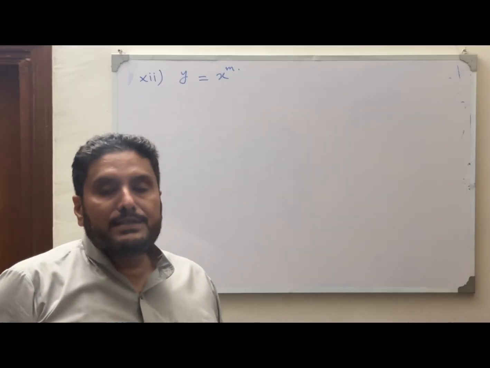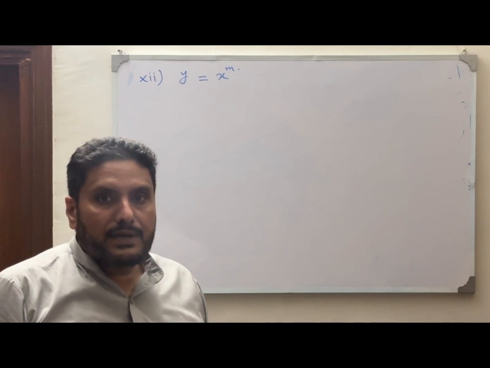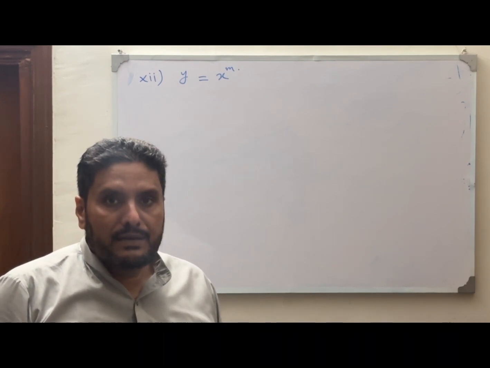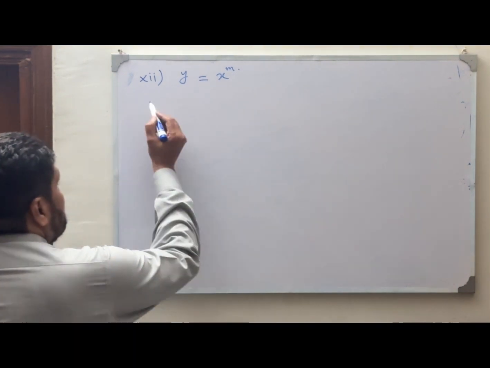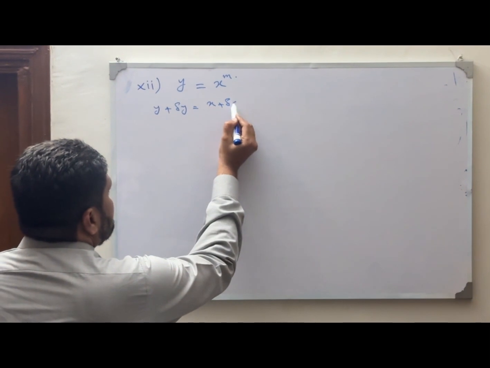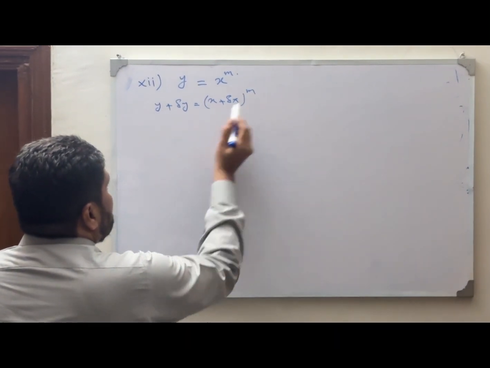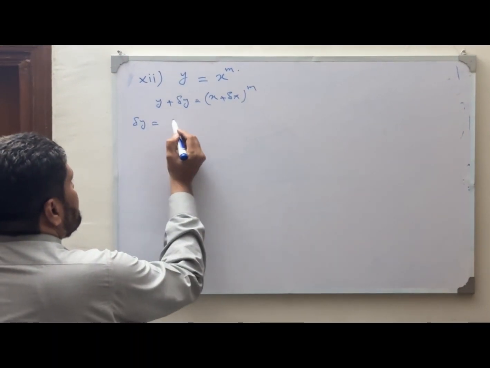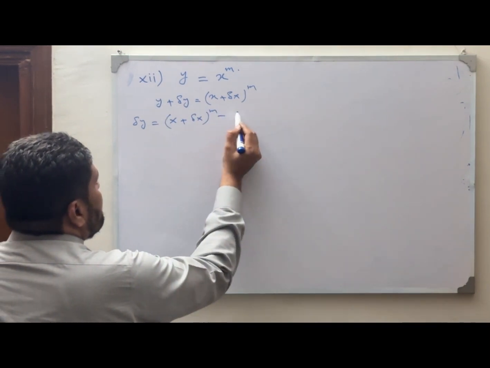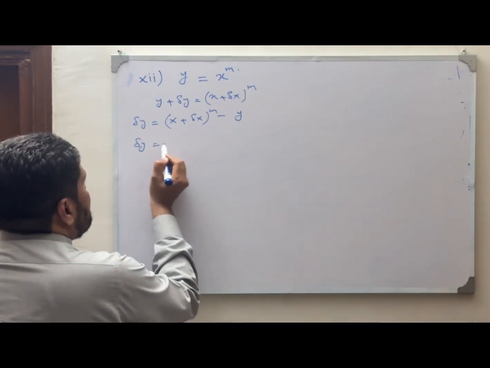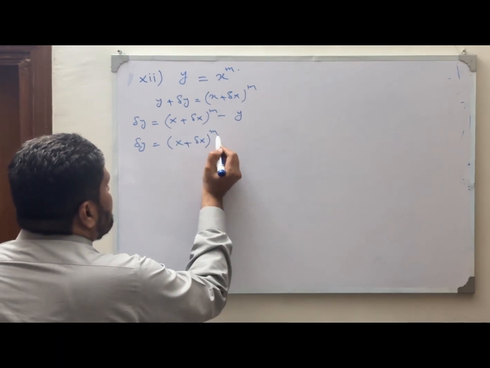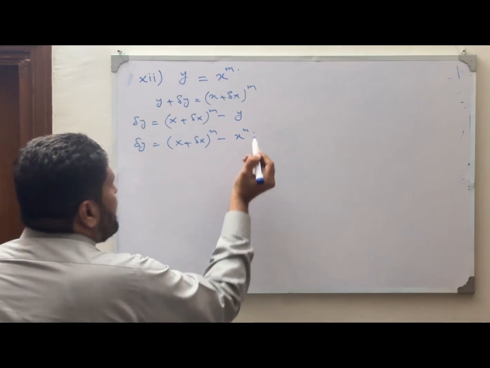We have another question in which we have a different function y is equal to x power m, and we have to find the derivative by using the principal method. So by using the first step, we have to take y plus delta y, that is equal to x plus delta x power m, and then taking y on the other side, that is equal to x plus delta x power m minus y, and then by inserting the value of y, x plus delta x power m minus x power m.